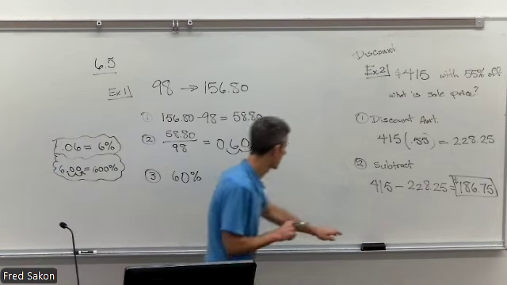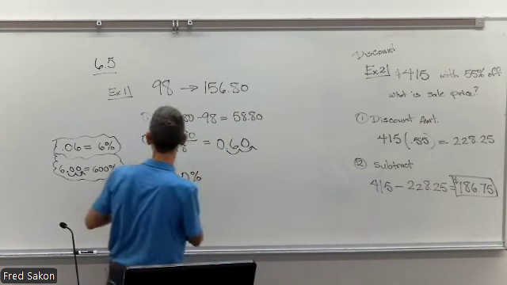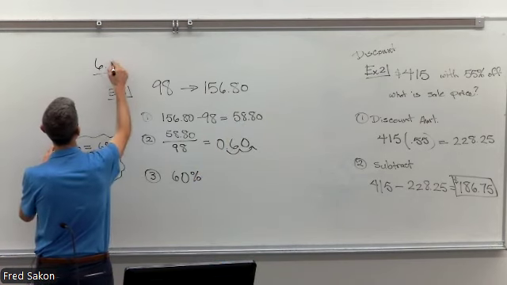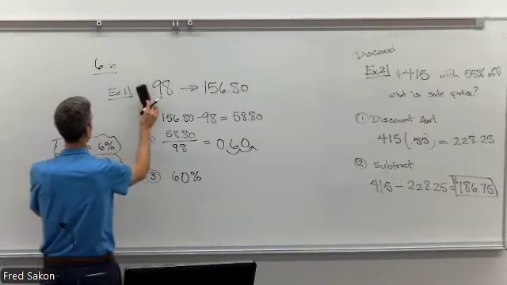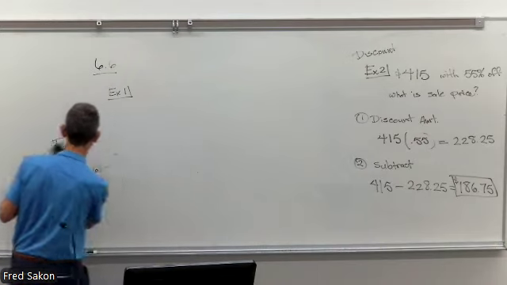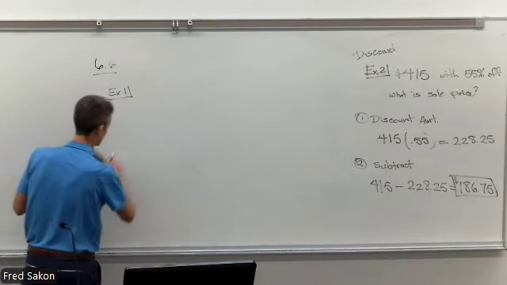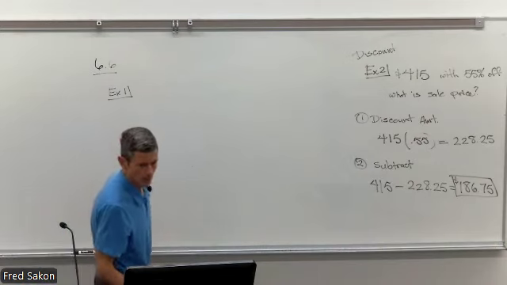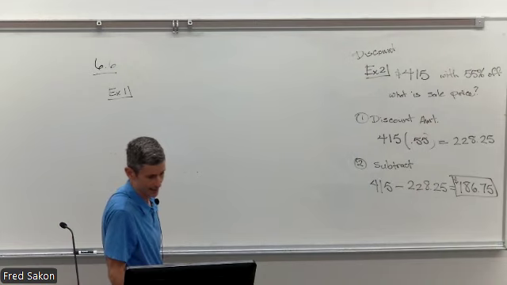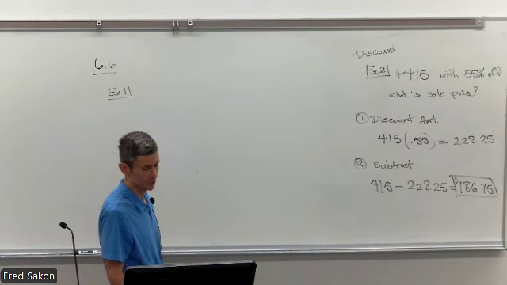Let's talk about simple interest next. 6.6 is the section number, and we'll start with that first example you see from 6.6. It says, $12,000 invested earns $462 in 6 months.